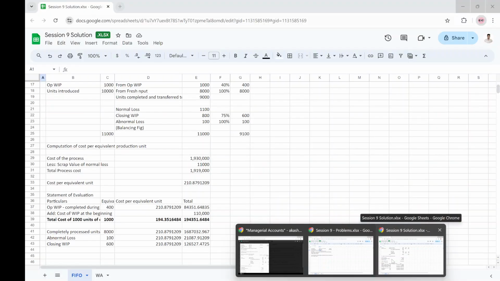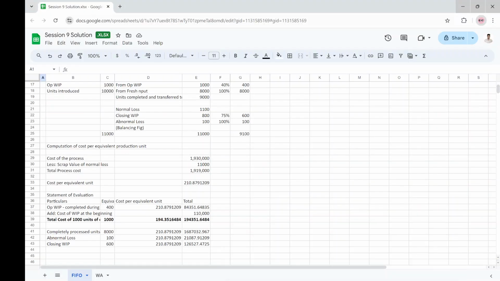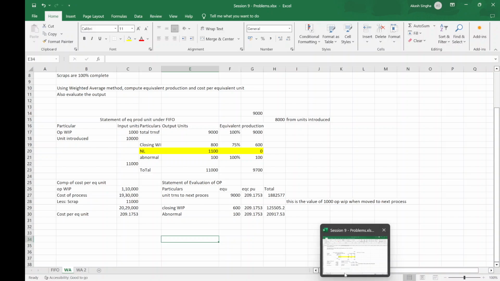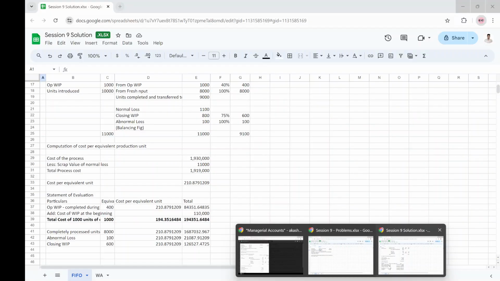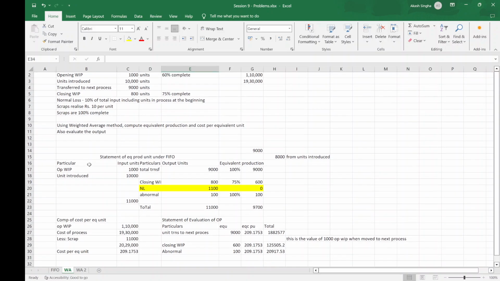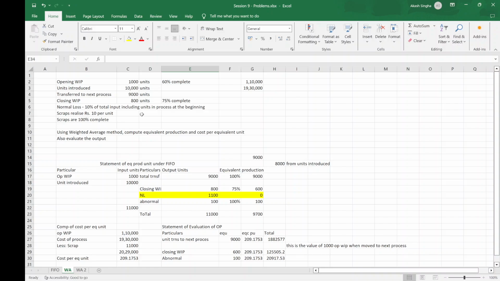Let's check if it is similar. I guess so. And now for the, I think ma'am did the WA only. So it's similar. Yeah, it is almost similar, but it is only using weighted average method to compute the equivalent.